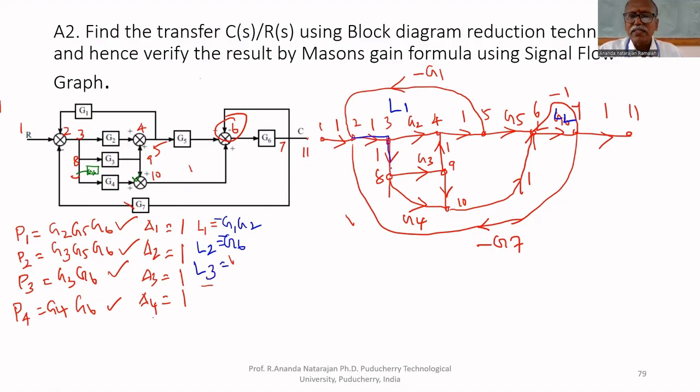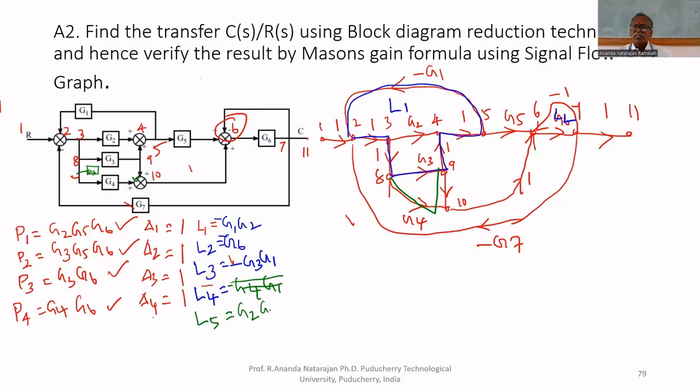If I travel like this, I can find one loop. What is that loop? Minus G3, G1. That is L5. L5 equal to G2, G5, G6, G7. That is one loop.